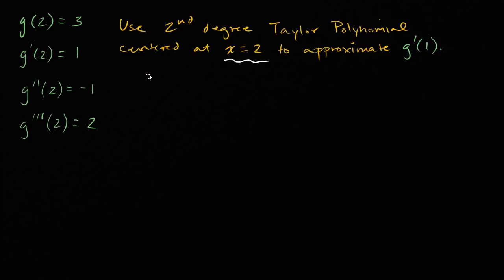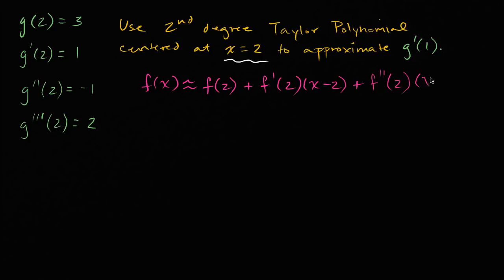So f of x would approximately be equal to f of 2 plus f prime of 2 times x minus 2 plus f double prime of 2 times x minus 2 squared, all of that over 2 factorial. And that would get us to a second degree polynomial, because it's x minus 2 squared.